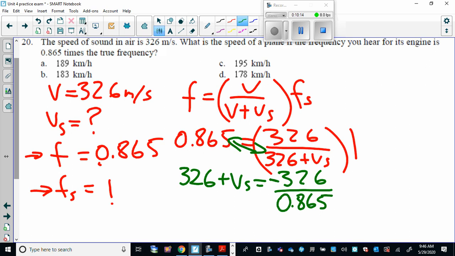Then I can divide these two and subtract the 326 to get Vs. So it's going to be 326 divided by 0.865 minus 326 equals 50.9.